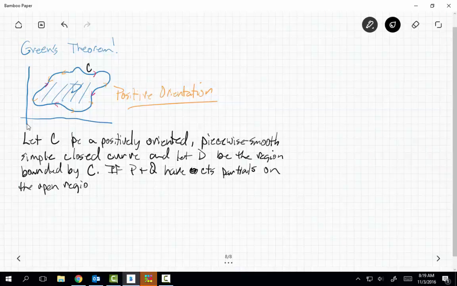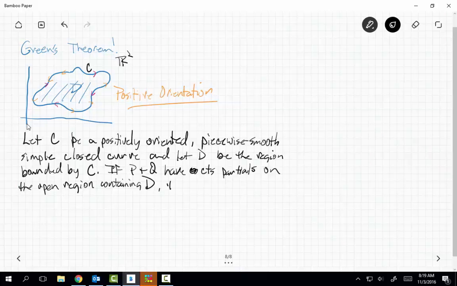Now, clearly D is not an open region, because if we're defining the endpoints, I guess the interior of D would be open, right? But what we're saying is the partials are continuous on the open region containing D. So in this case, R2 contains D. R2 is clearly an open region. Pick any point, draw a circle, you're still in R2. You haven't left it somehow.